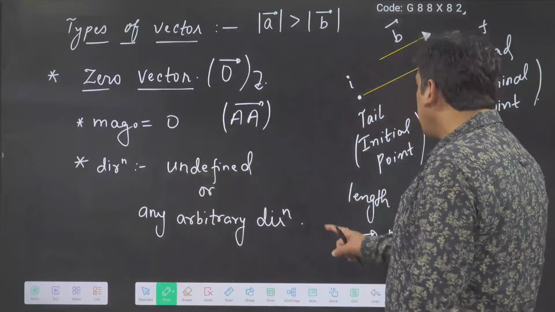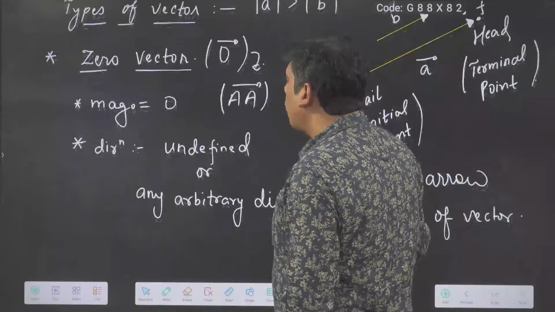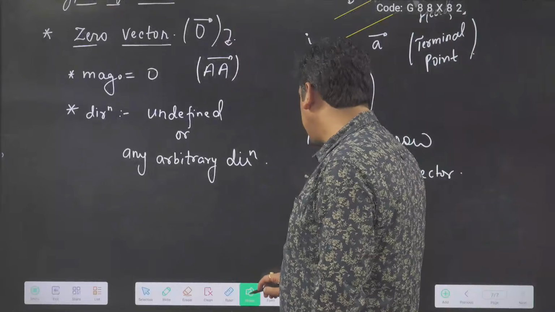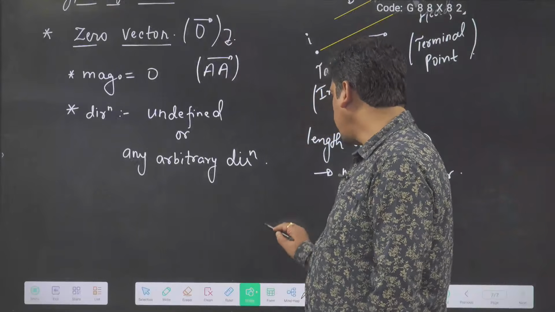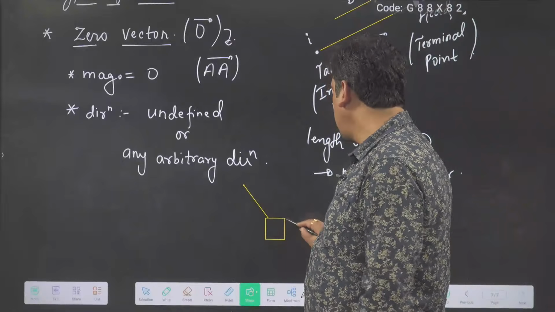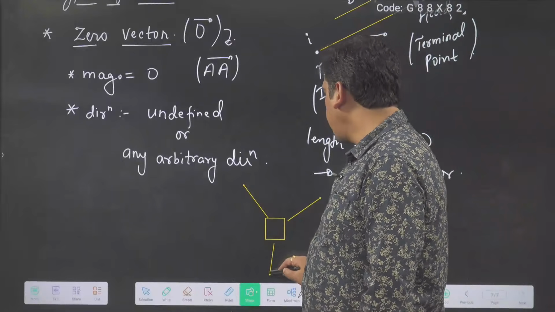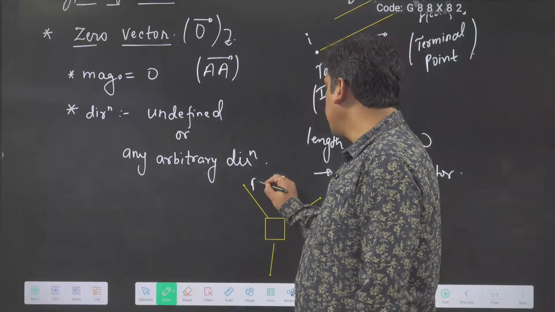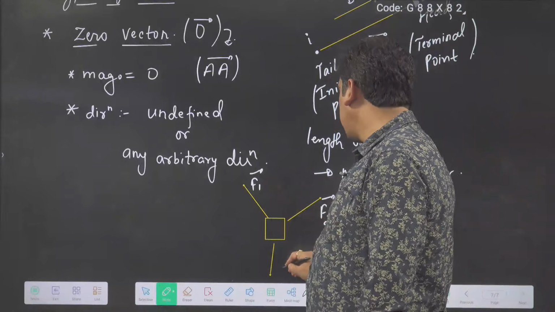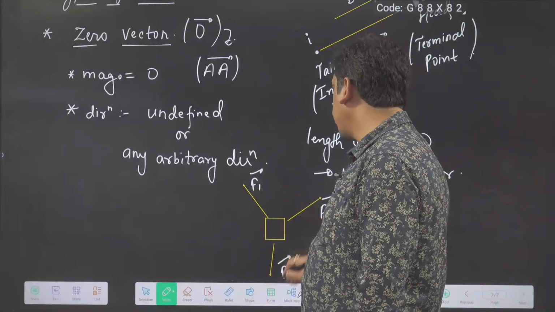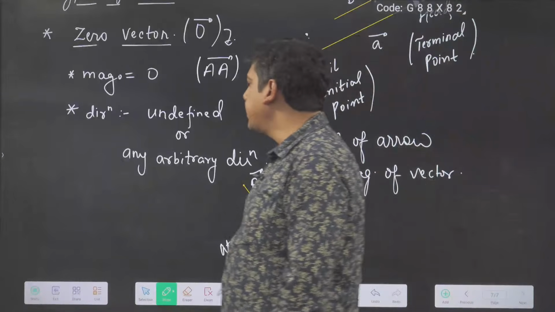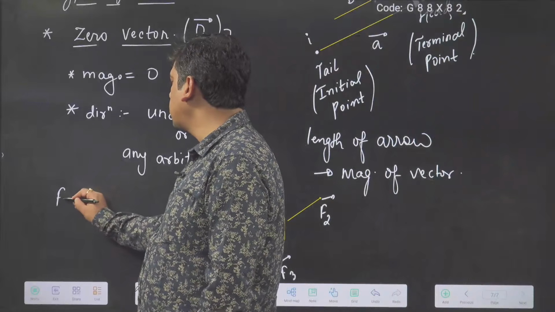Now, what is the use in physics? Simple thing. Don't worry much about this zero vector thing. Understand it like this: if I say three forces are acting on a body, F1 vector, F2 vector, F3 vector, and this object is at rest, it means that the net force is 0.